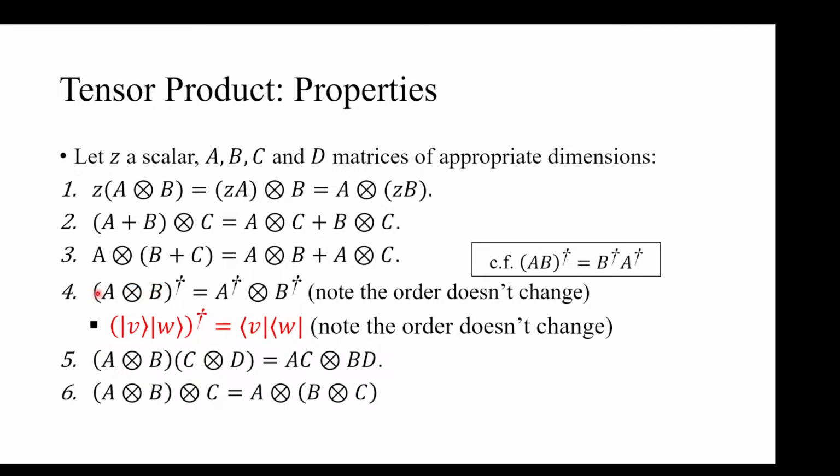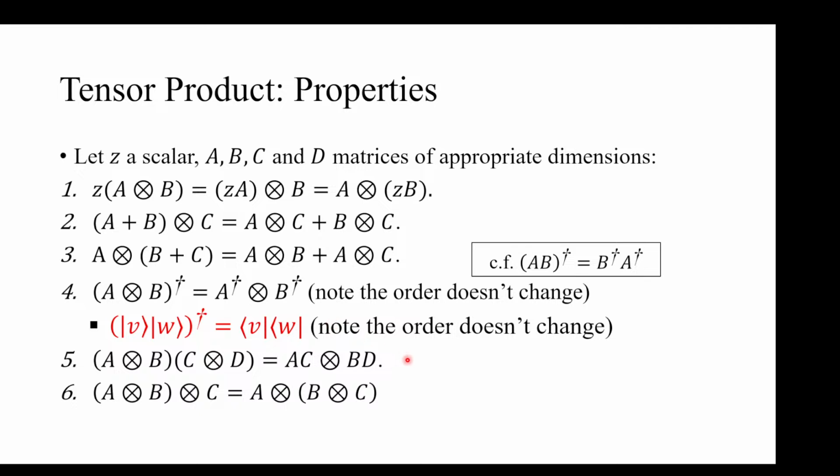If you put a dagger on your tensor product, the ordering doesn't change: (A tensor B) dagger is A dagger tensor B dagger. In particular, for V tensor W, its dual vector is V bra tensor W bra, not W bra tensor V bra.